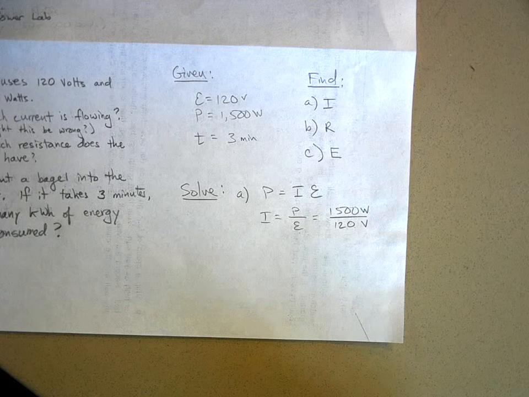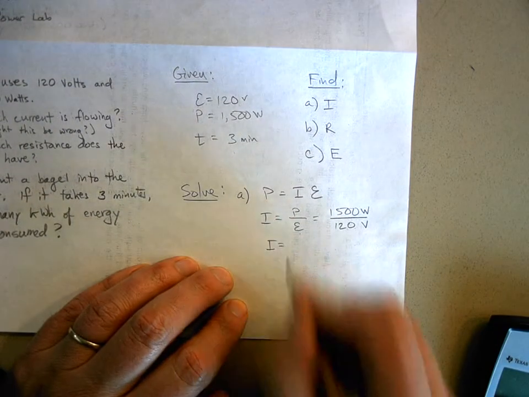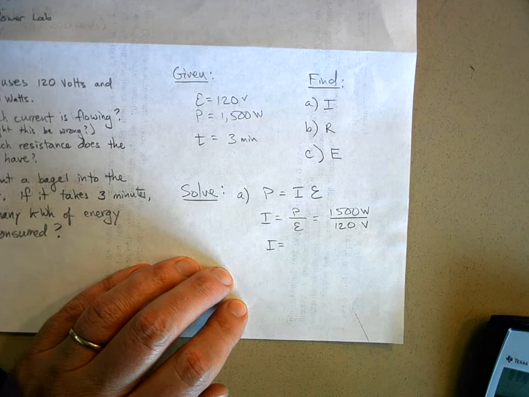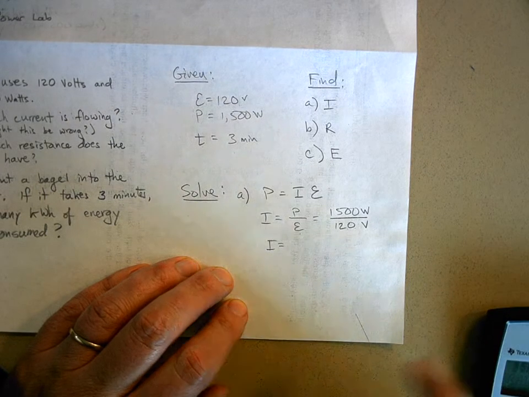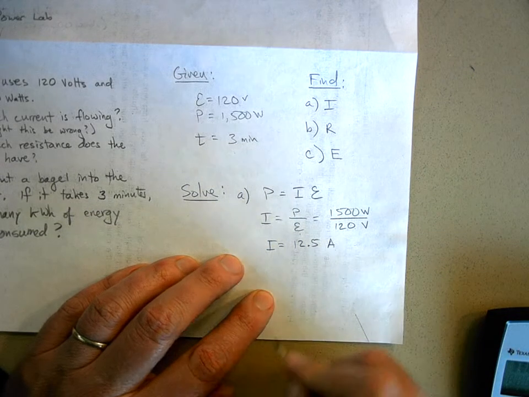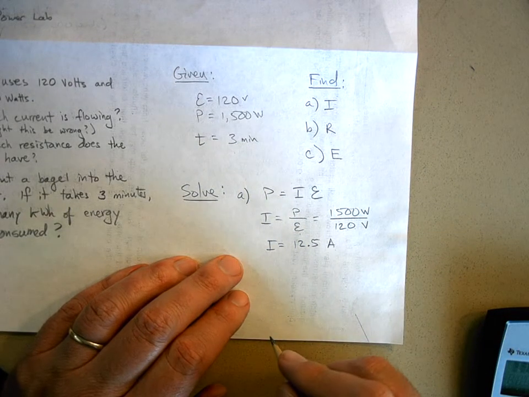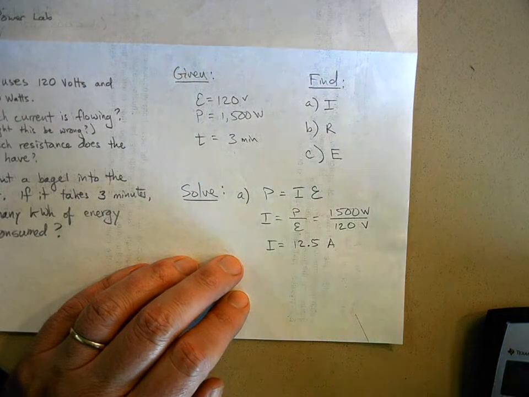And when you do the division, the current turns out to be 12.5 amps. And things like toasters, they pull a lot of amps.